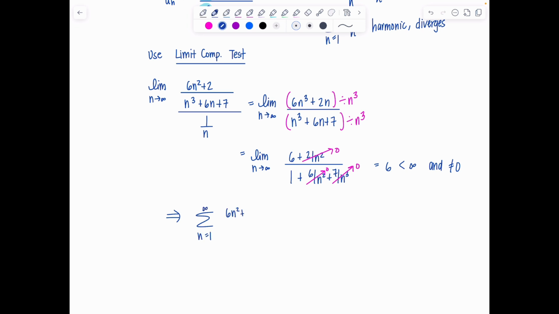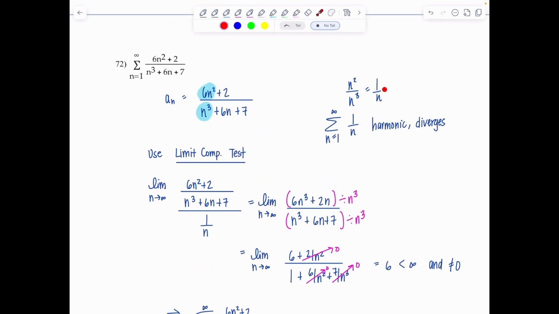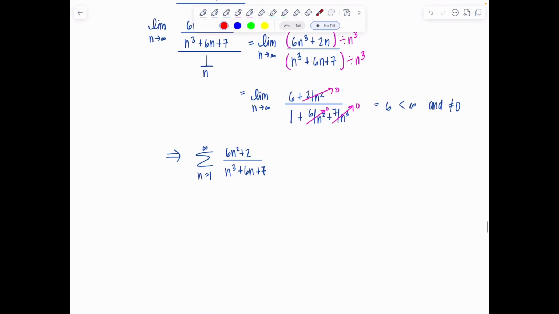So my series right here, the sum n equals 1 to infinity, 6n squared plus 2 over n cubed plus 6n plus 7, does the same thing as the harmonic series, and the harmonic series diverges. So this guy diverges. I like to put also, because when we're doing limit comparison, we compare it to somebody else. Also by limit comparison test.